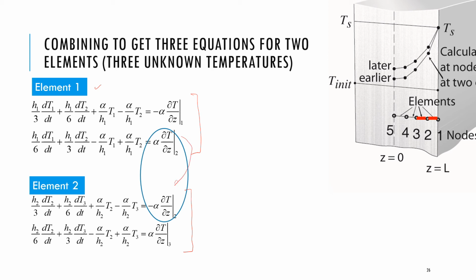This one and this one got together; when we added, they got eliminated. So we showed that all of the interior terms can be eliminated, but the first one and the last one are going to stay. These are still unknowns.